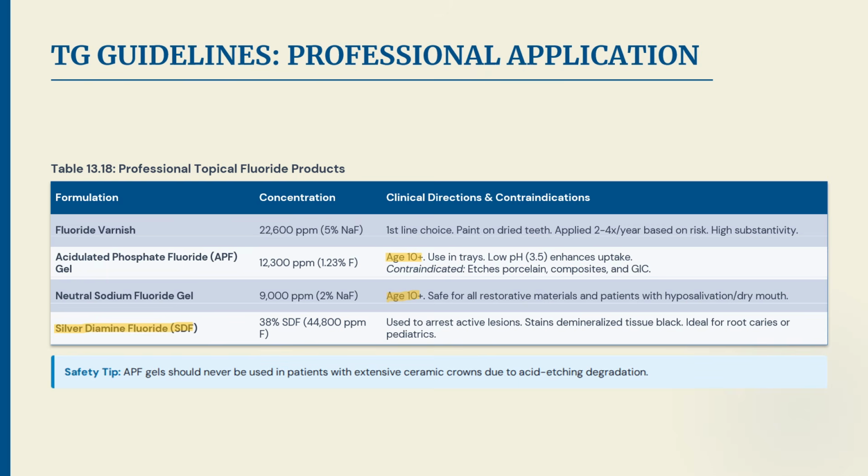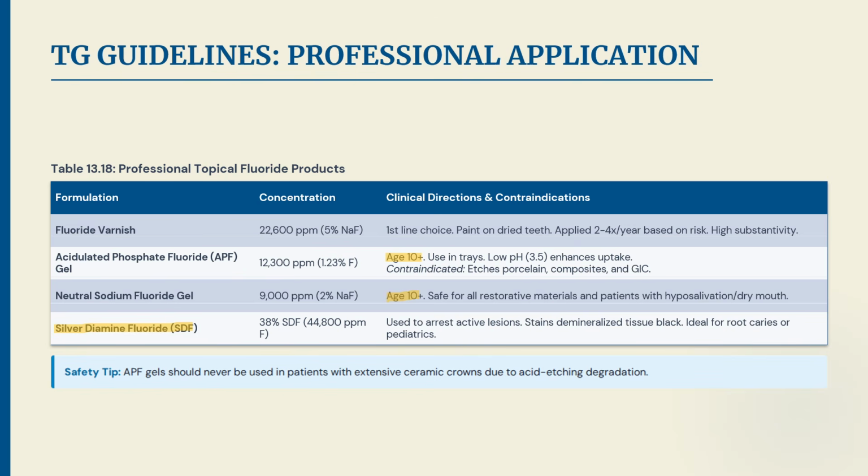Now the next one is professional fluoride applications. So what are we doing here? We got fluoride varnish, we got APF gel, we got neutral fluoride gel, we got silver diamine fluoride. Yeah. So fluoride varnish, just remember the concentration. That's the one which got the highest concentration of sodium fluoride.